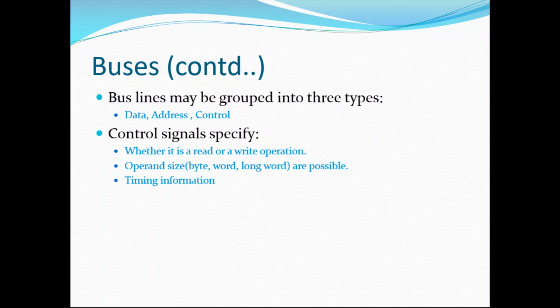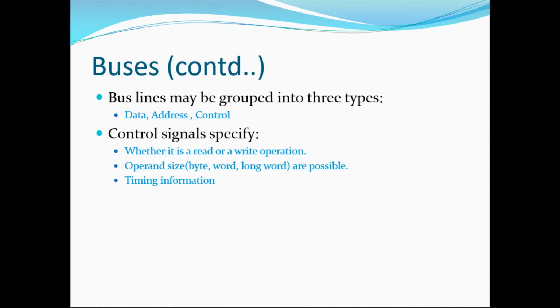The address may also refer to IO devices, because IO devices are also given addresses. Data refers to the actual data that is either read from or written to a memory location, or read from or written to an IO device.